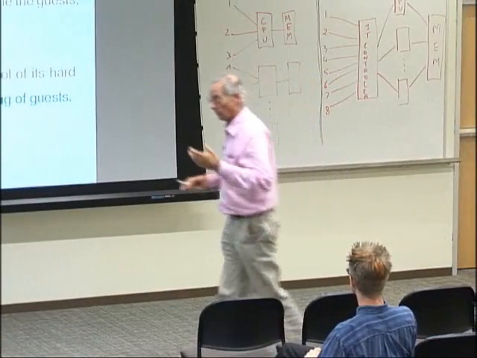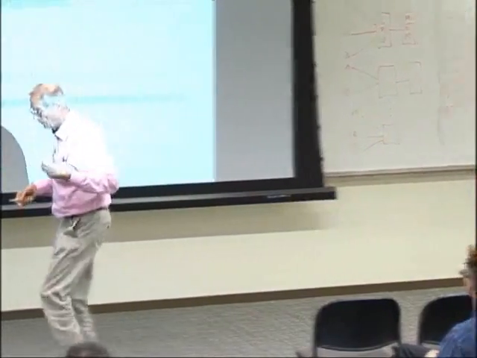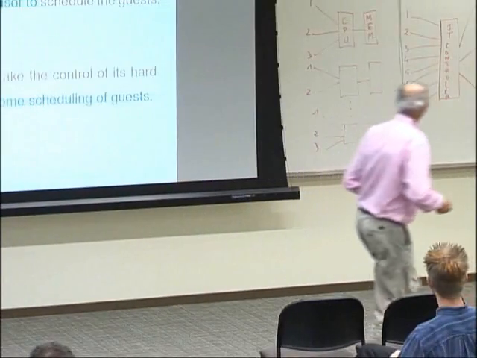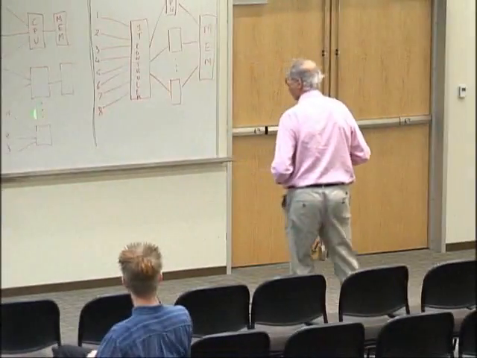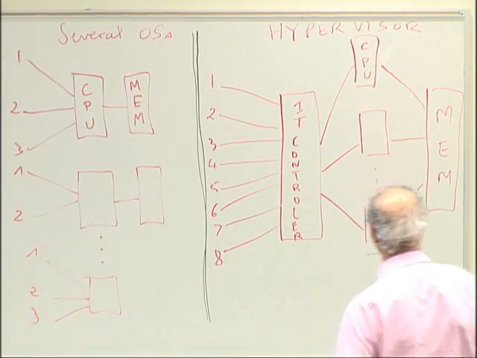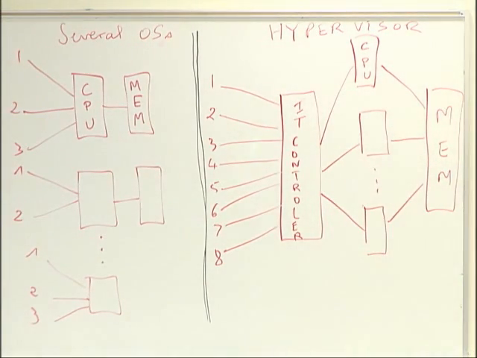And now, of course, one of the responsibilities of the hypervisor is to schedule the guests. The idea here is we might have more guests than there are CPUs. So not all the guests are running, and some of the guests might be sleeping.